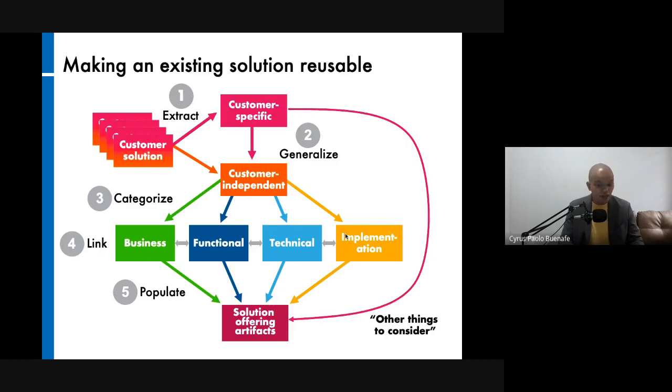Later on, when you have a new customer from the same market or the same industry that comes in, it would be easy for you to reuse that. You just take the things that you've placed in those 4 baskets, and then you consider other things to consider. Then you come up with your solution offering artifacts. That's something that's really specific to the customer.